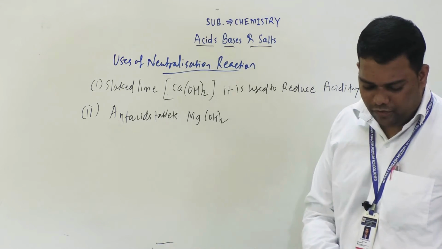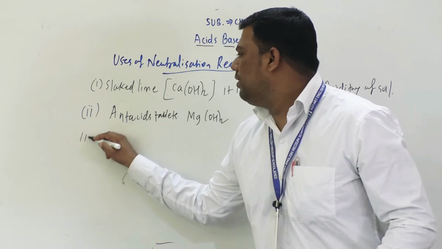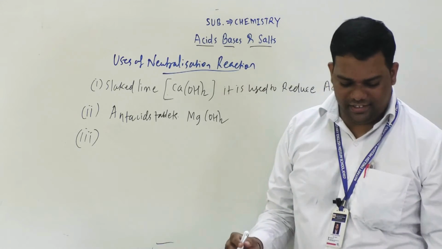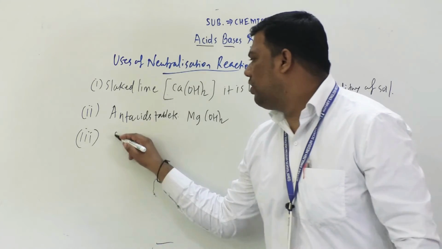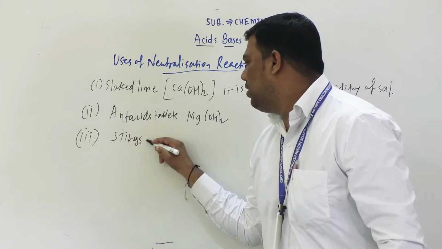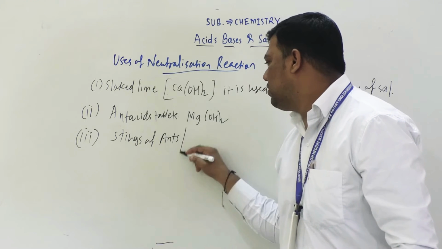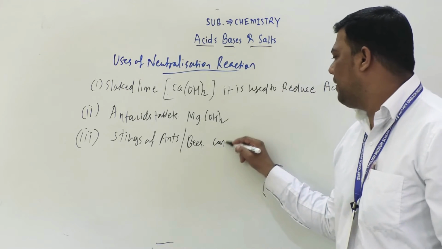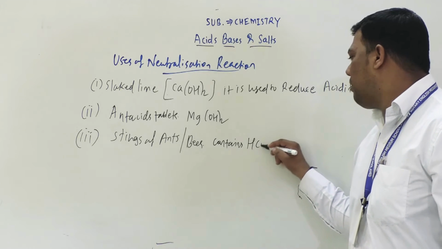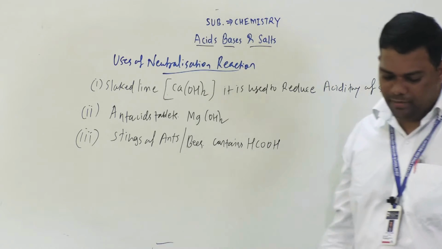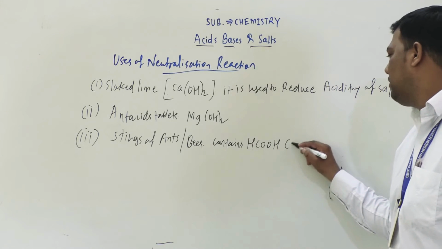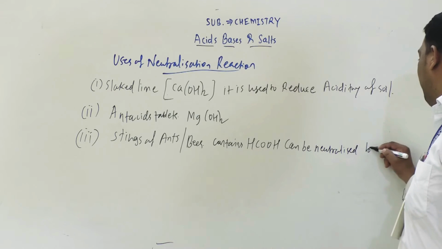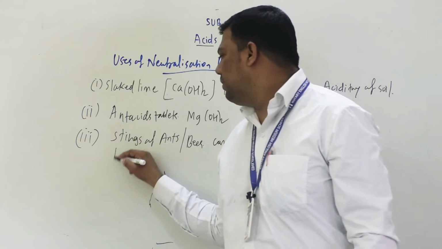Next, the third use of neutralization reaction: stings. Stings of ants or bees contain formic acid, HCOOH. Formic acid can be neutralized by rubbing soap.